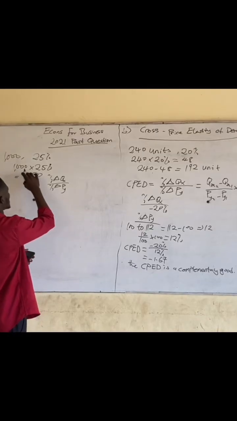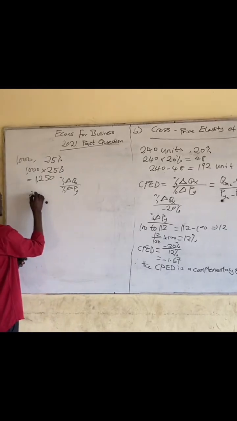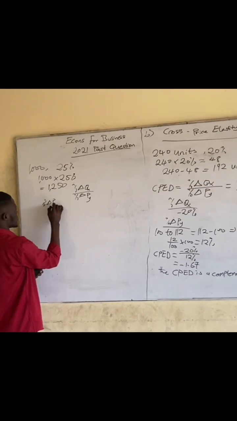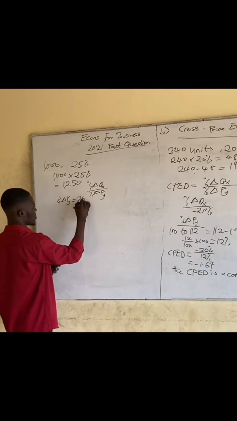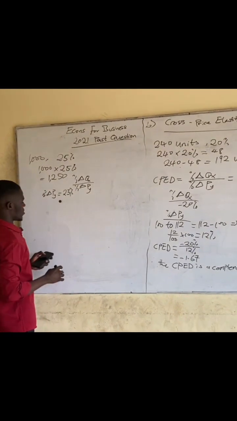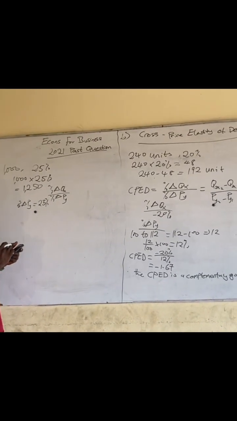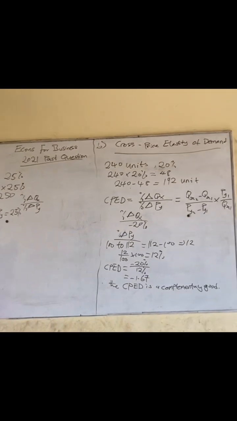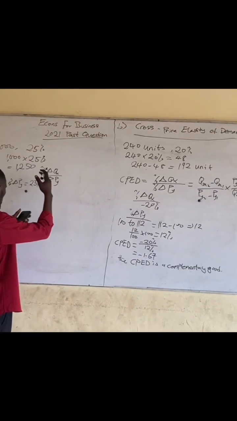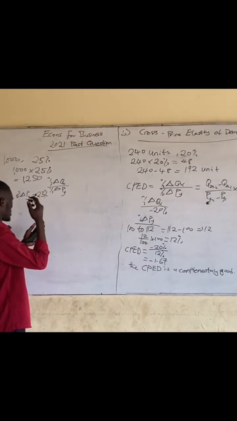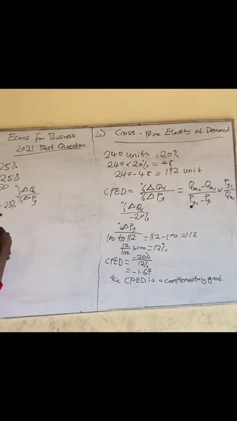So the percentage change in the income will be 25%. Then the percentage change in the quantity. It also says 24 units. So 24 units, and his income also increased by 25%, and now he demanded 16 units.